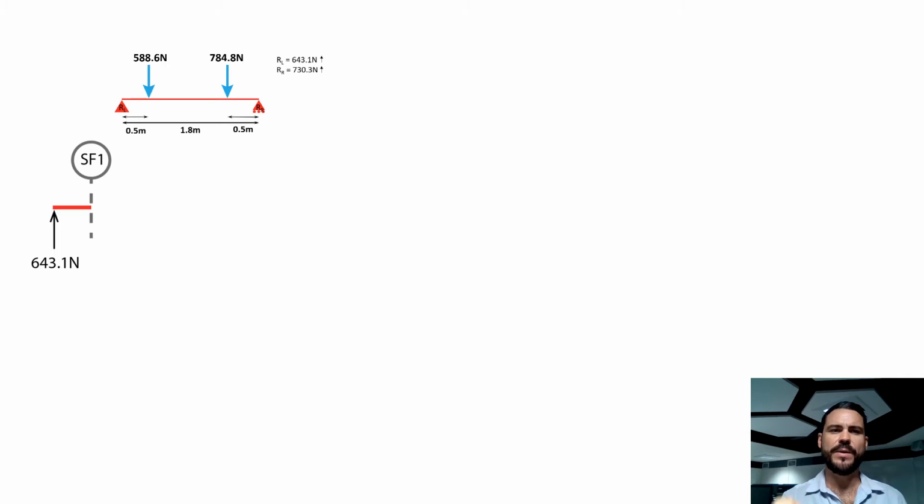And then we move across to the position of our force 1 acting down. That is our shear force 1. If shear force 1 equals the sum of forces, we've only got one force in play, so therefore our shear force 1 is 643.1 newtons, and it is a positive shear force acting up.